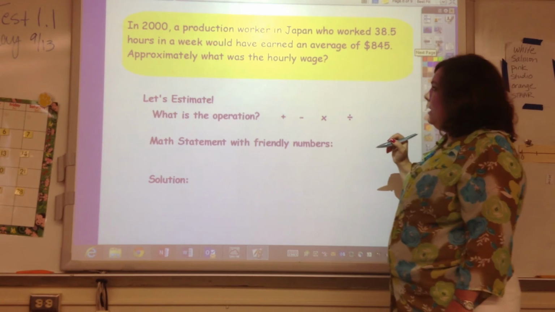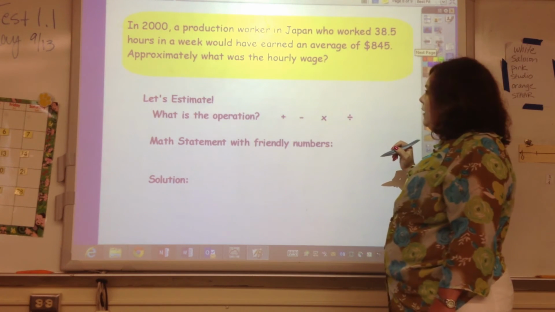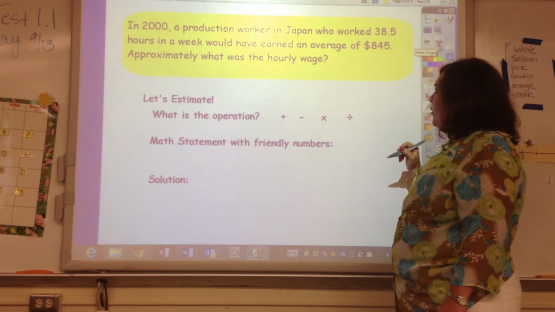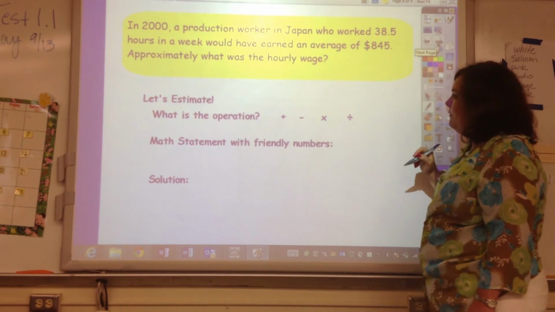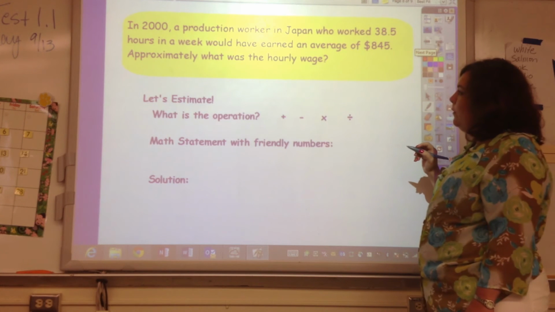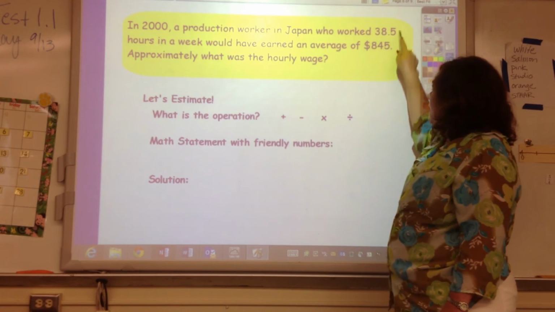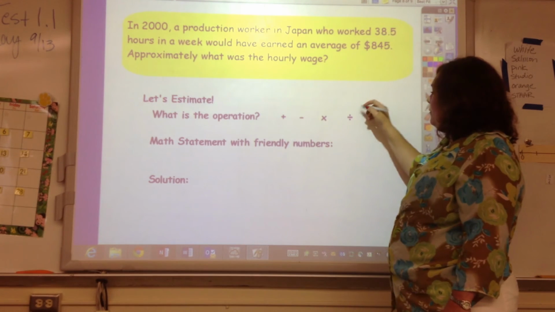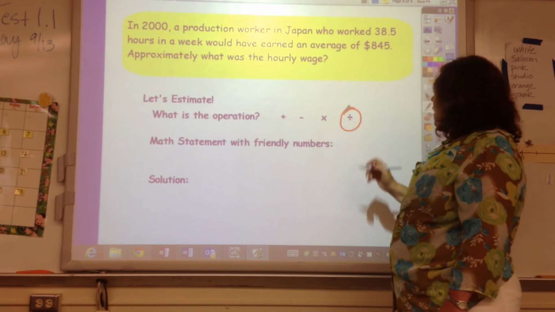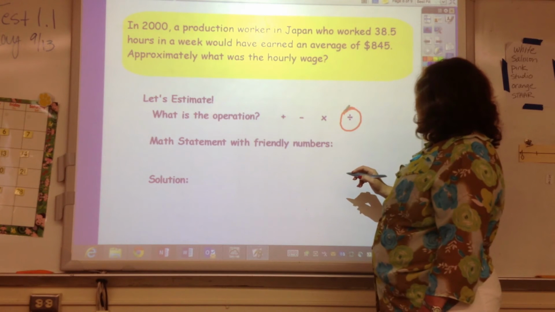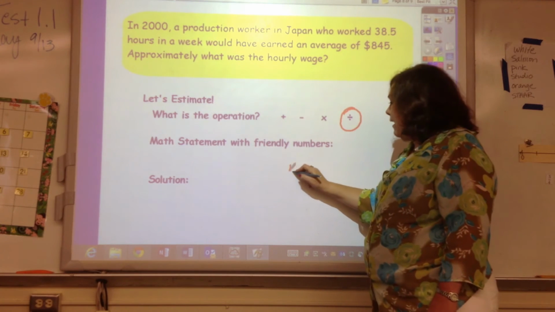In 2000, a production worker in Japan who worked 38.5 hours in a week would have earned an average of $845. Approximately, what was the hourly wage? Okay, so if this is the total amount, and this is the amount that he worked, I'm going to have to divide. Okay, and I'm going to round 38.5 to 40.